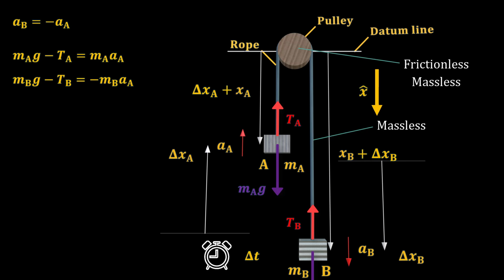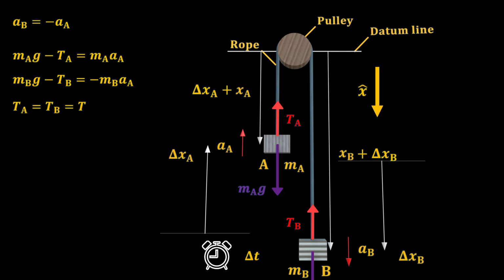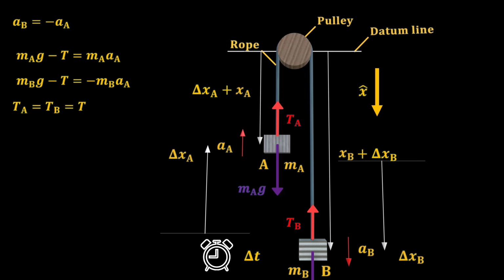Under the third assumption, we have TA equals TB, meaning the tension is equal everywhere on the wire. And therefore, we can write TA equals TB equals simply T. Hence, we have MAG minus T equals MAAA, and MBG minus T equals minus MBAA.